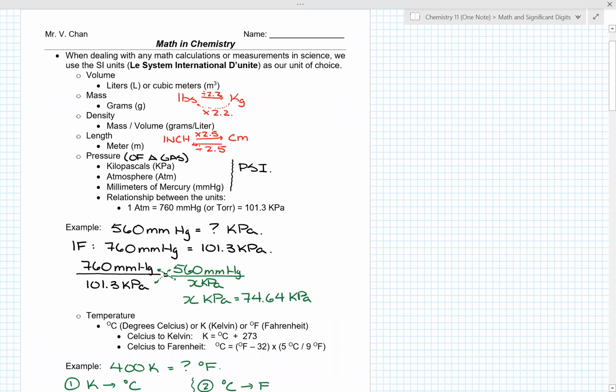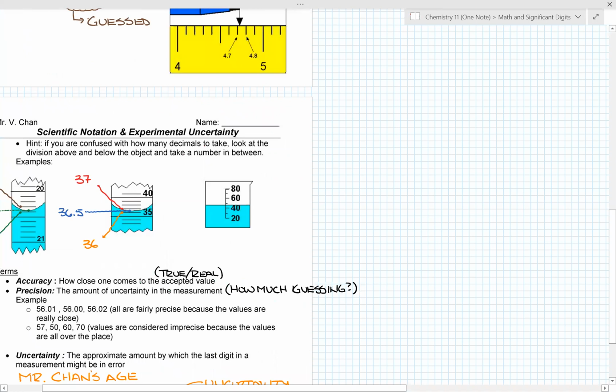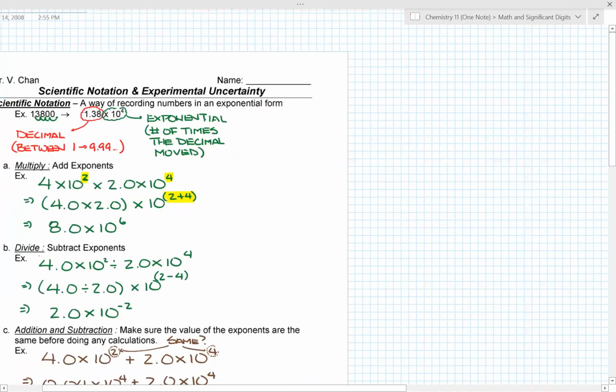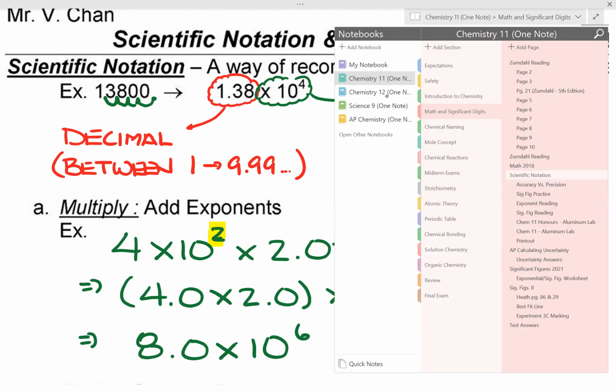These are my notes, scientific notation. Remember, in scientific notation there were two parts: the decimal reading between 1 and 9.999, and the exponential portion, which is the number of times the decimal moved.